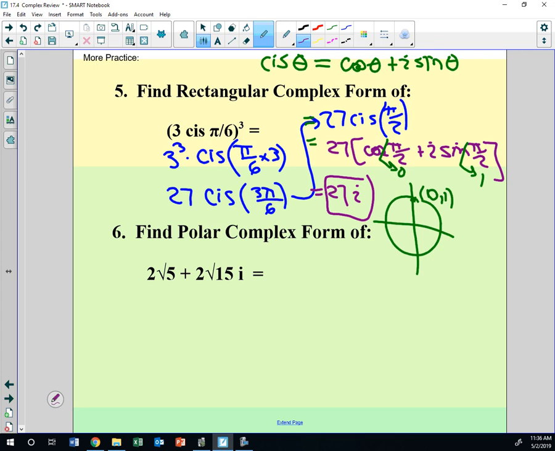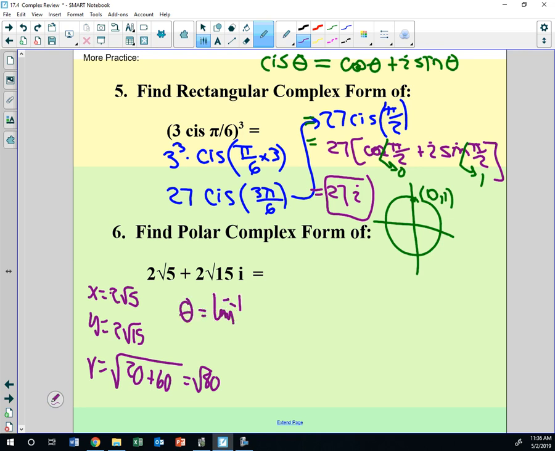Okay. Then for this one, x is 2 root of 5, y is 2 root of 15. So r is going to be the square root of 4 times 5 is 20, 4 times 15 is 60. I got the square root of 80. Does that sound about right? Okay. So then for theta, we're going to go the inverse tangent, and this is in quadrant 1, so we won't have to do any weird drawings.